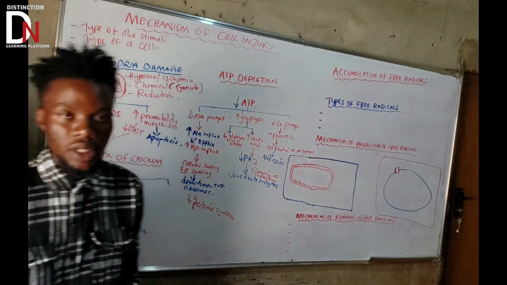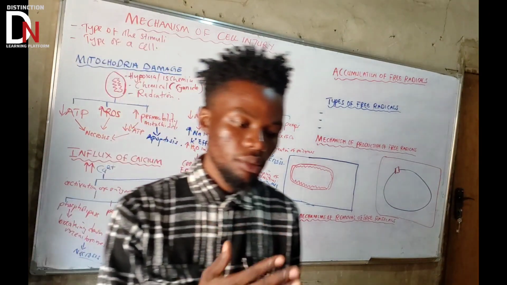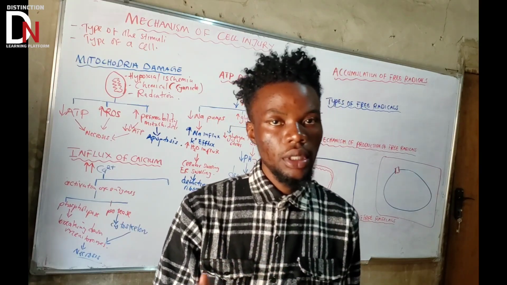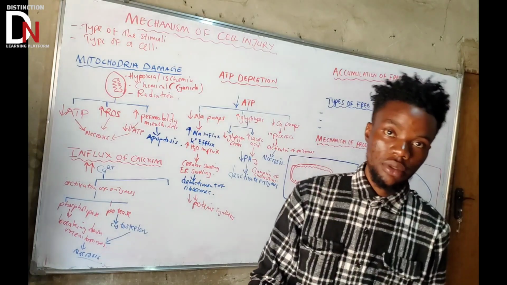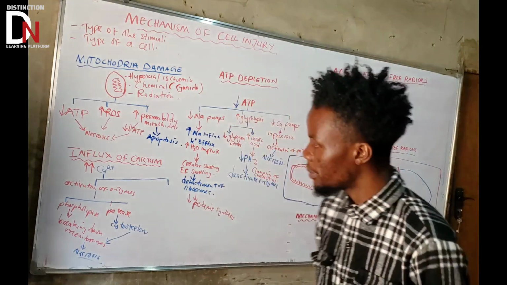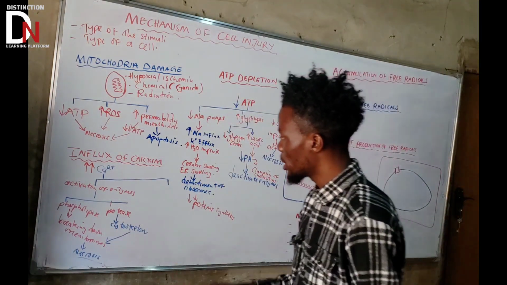Because if you break down the cell membrane, there is severe injury to the cell membrane, and that is now leading to necrosis and an inflammatory response. So these are the important things that are going to happen.